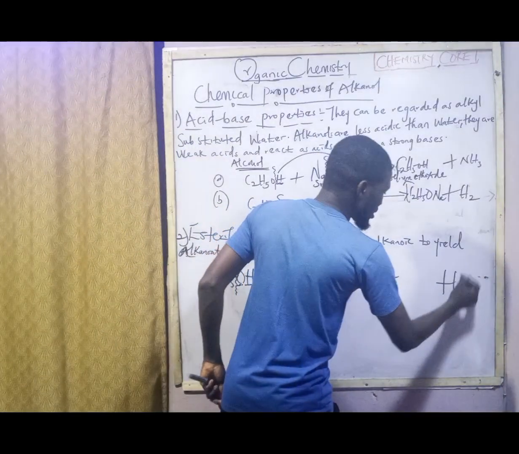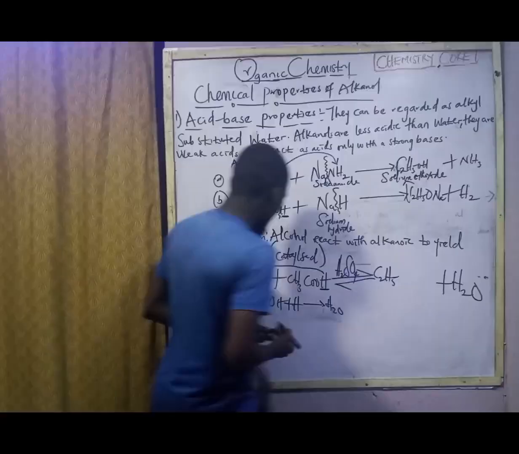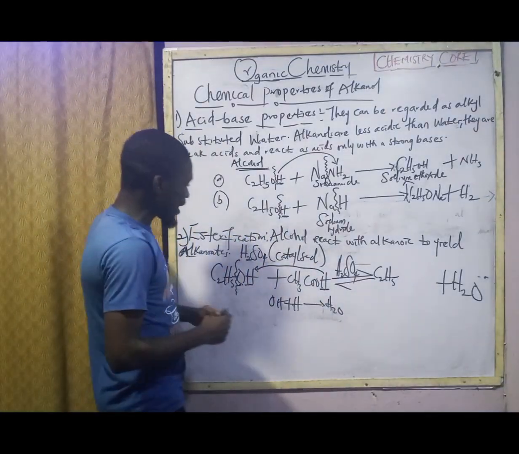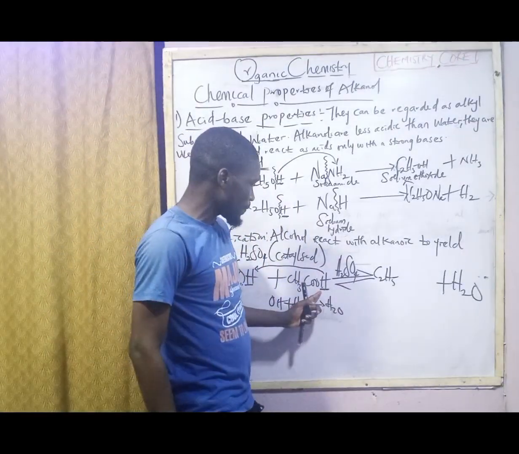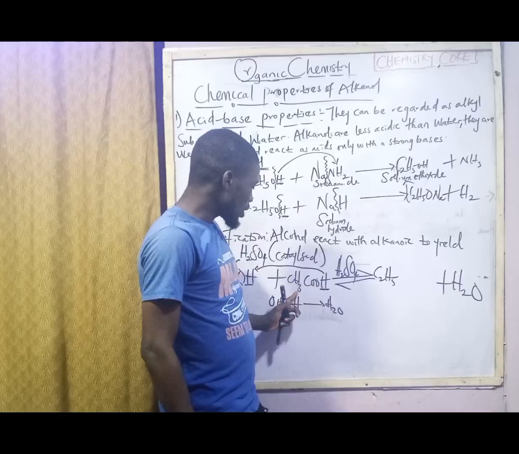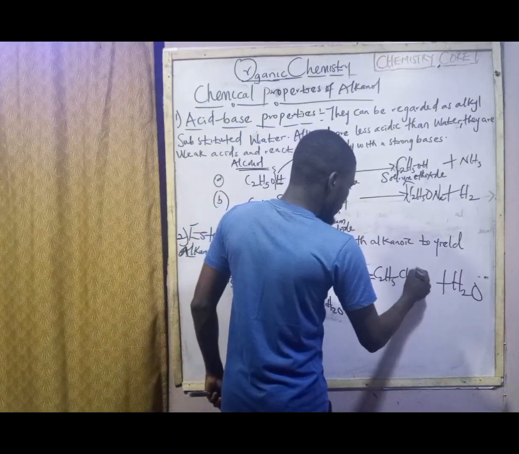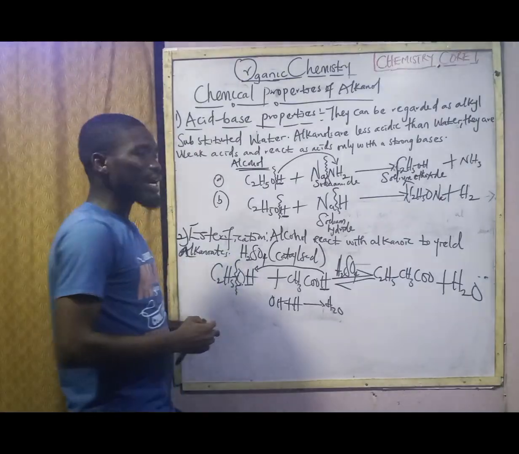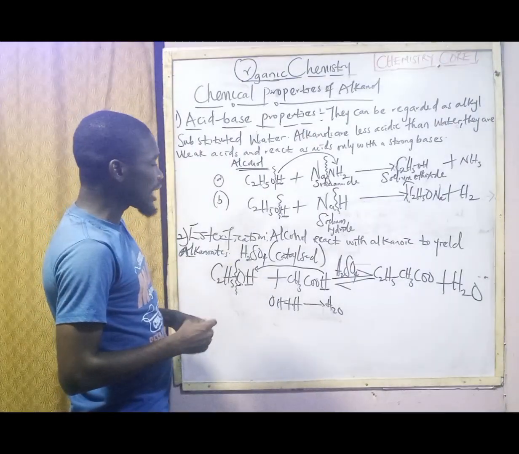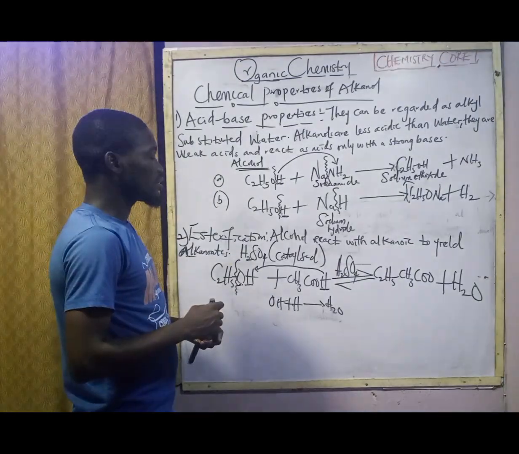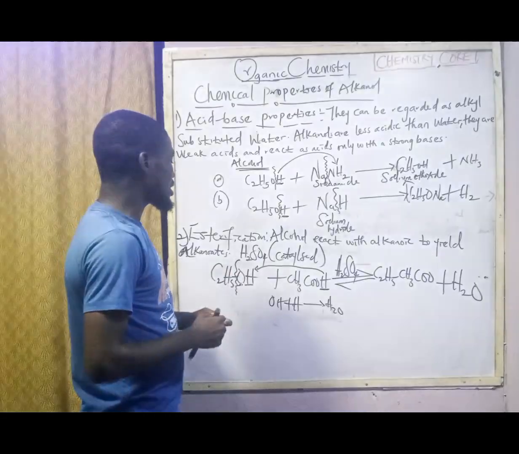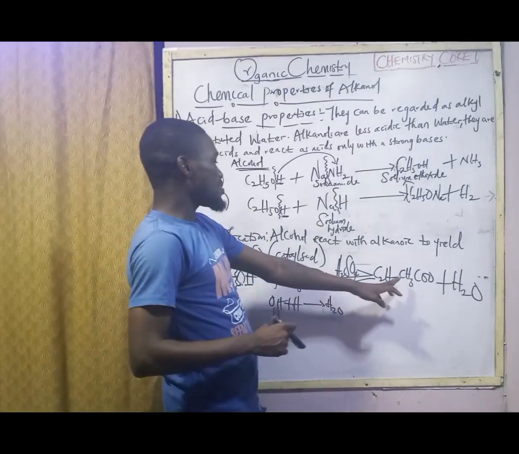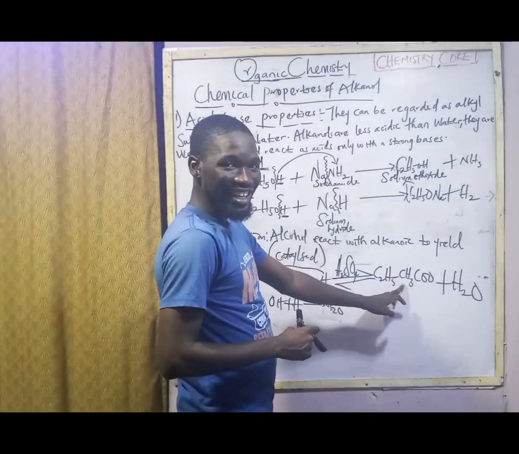So plus water. Mind you, for the fact that you are removing your H here, and this is CH3COO. So guys, how can we name this kind of compound? If you are to place it like this, are you with me?